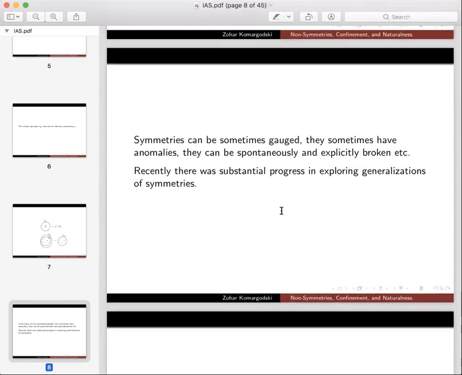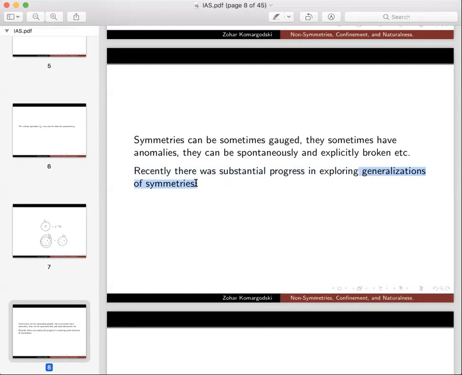And of course, if you open books on QFT, you learn how to do many things with symmetries. We can gauge symmetries. We can have anomalies. They can be spontaneously broken, explicitly broken, and so on. Now, a lot of recent work that has really been quite popular, both in the condensed matter community and in the high energy physics community, was to explore generalizations of the notion of symmetry.